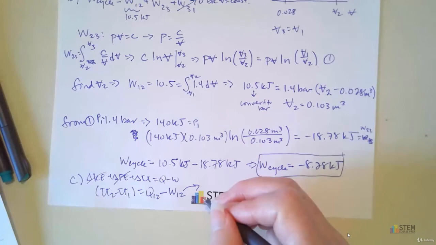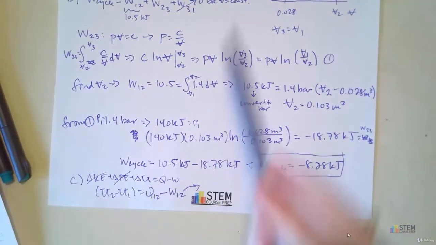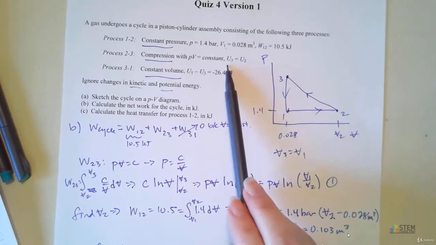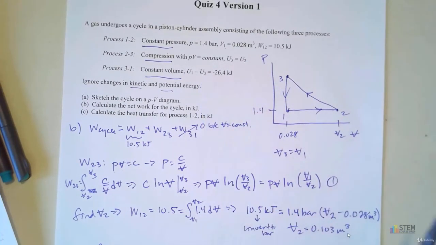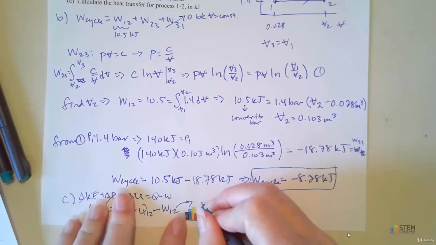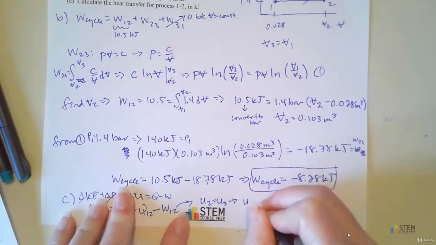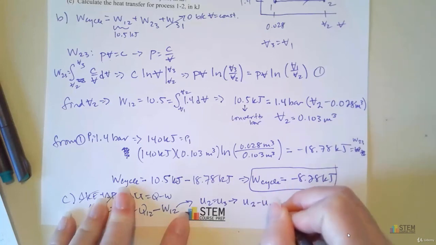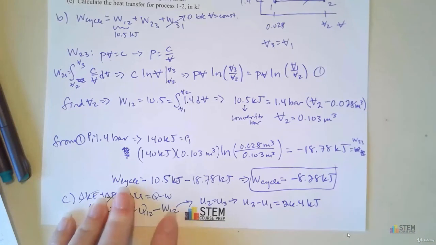All right. So now we've got that. Now you got to look at these U values. We know from up here at the top that U3 is equal to U2, and then we've got this difference here, it's given to us. So if U2 is equal to U3, then that means U2 minus U1 is going to be negative 26.4 kilojoules.